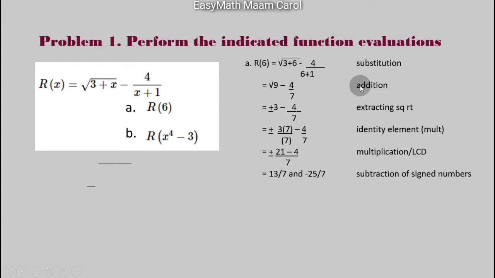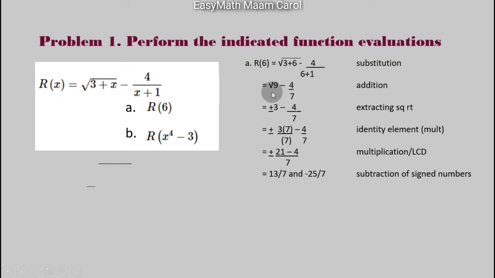Ang susunod na gagawin natin ay, for these two expressions, we are going to do addition. So, yung 3 plus 6 is equal to 9. And then, dito naman, 6 plus 1, yung denominator, naging 7. So, we are left with the expression, the square root of 9 minus 4 over 7.